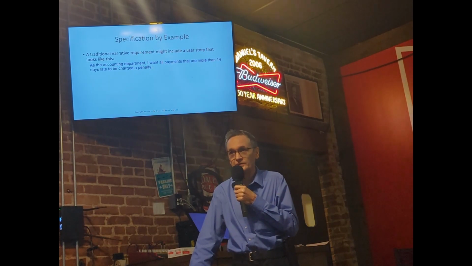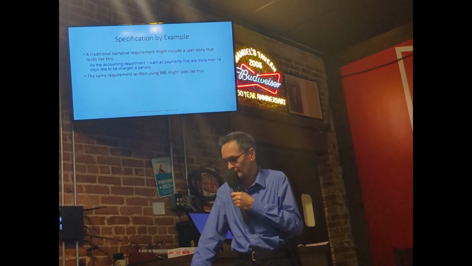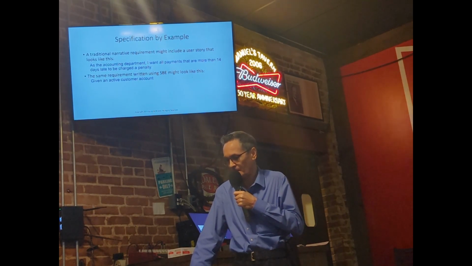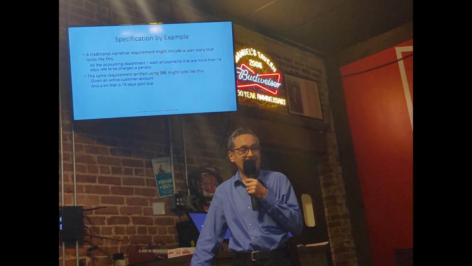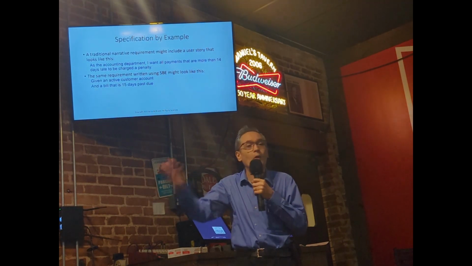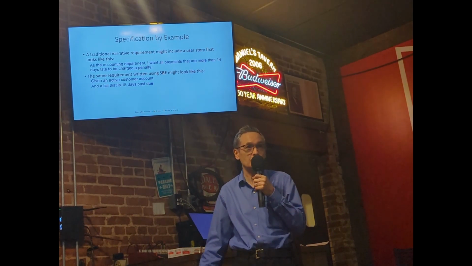If we wrote that using specification by example, we might say, given an active customer account, because you can't have a late bill unless you've got an active customer account, and a bill that is 15 days, 31 days, or 91 days, or whatever it is in your company, past due.